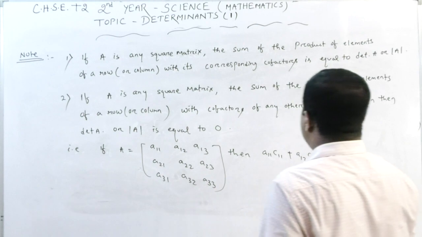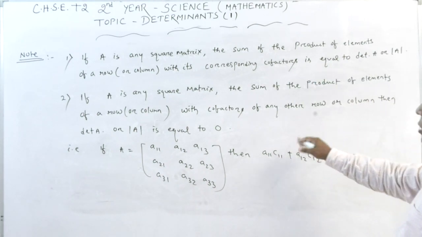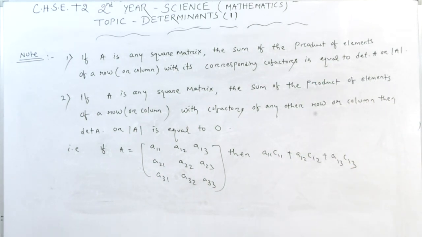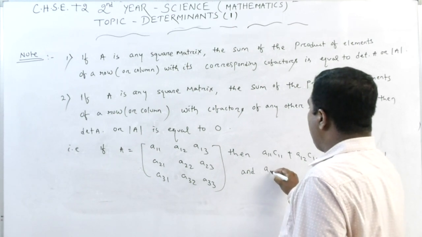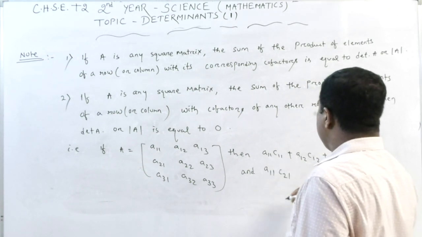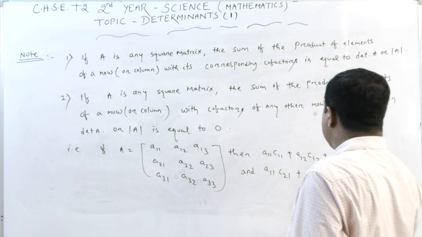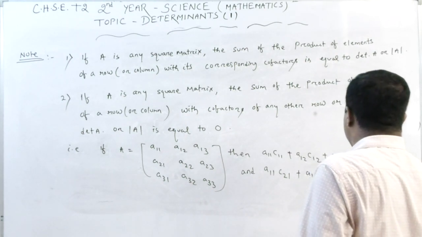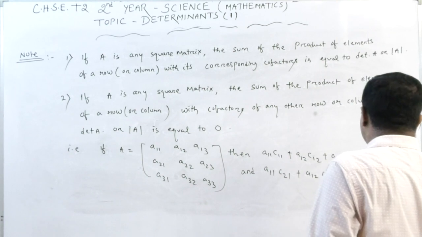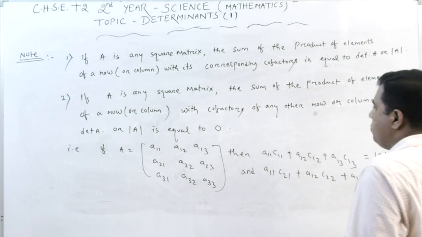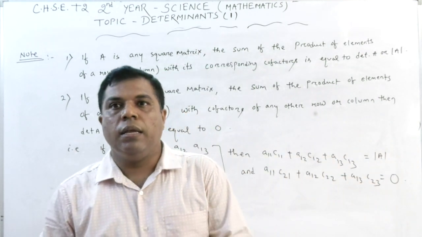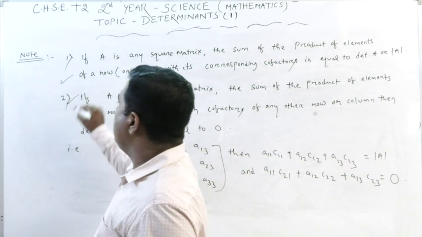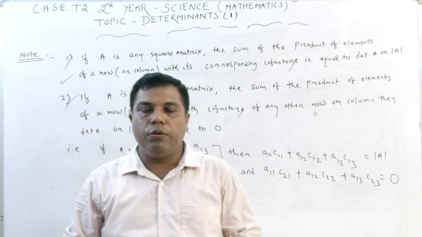So you see, the elements are multiplied with their corresponding cofactors, so it is equal to the determinant of A. And A11 multiplied with C21 plus A12 multiplied with C22 plus A13 multiplied with C23 is equal to 0. Dear students, these are valuable pieces of information for your exam point of view.